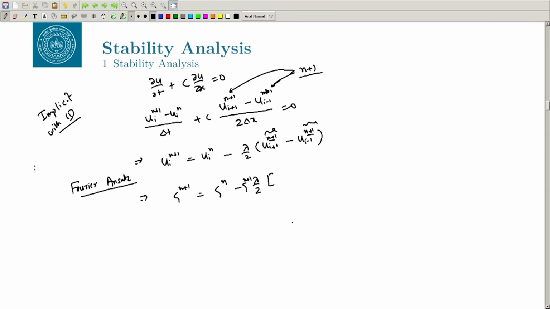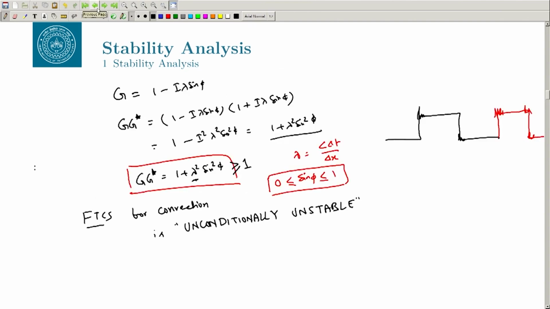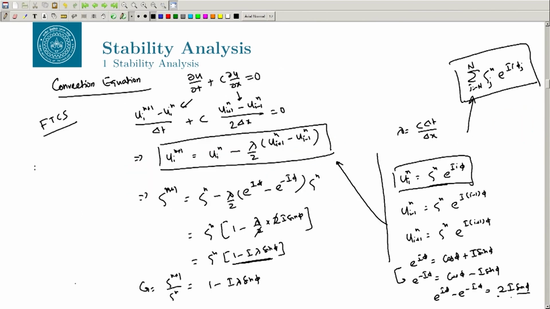I basically request you to go back and derive it all for yourself, because I am going a little bit fast, but it is not very difficult. You just have to rearrange terms, do the algebra a little bit carefully, and you should be able to do it. Then the n plus 1 term I have already taken, this will become e to the power I phi minus e to the power minus I phi, and this we have already seen, that value is 2 I sin phi.